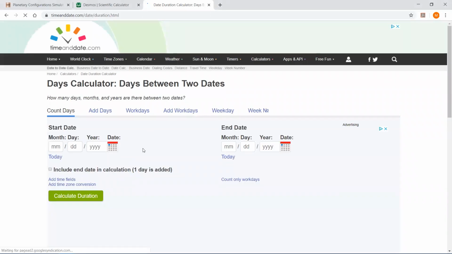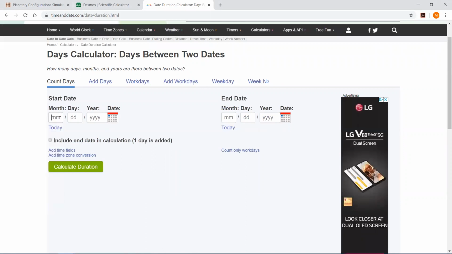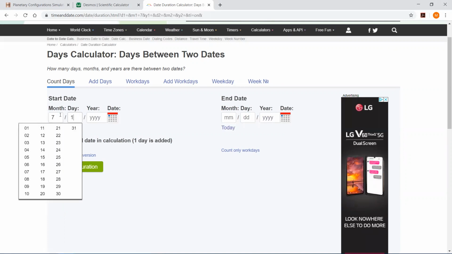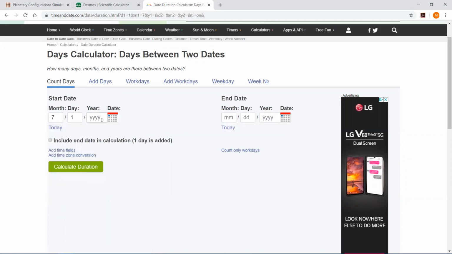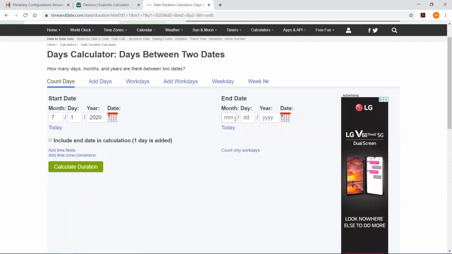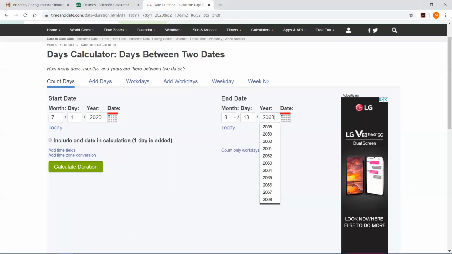I'll go with this one. And I'm just going to pull two dates out of the air here. Let's say I'd like to know how many days pass between July 1st of this year, 2020, and, I don't know, August 13th of 2063.